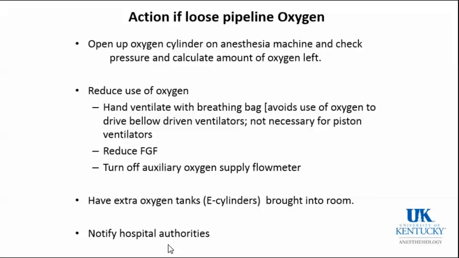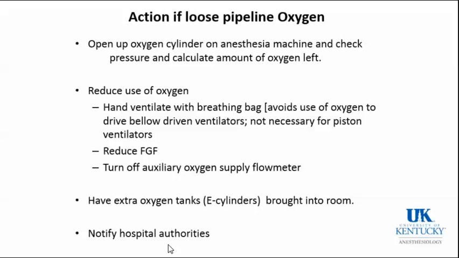So always check and see how much oxygen is left in the tank, and then think about how you're going to conserve this. What you need to do is try to reduce the amount of oxygen you use until more tanks become available. One is to hand ventilate. Remember that many of the ventilators use oxygen to drive the bellows. Secondly, reduce the fresh gas flow.